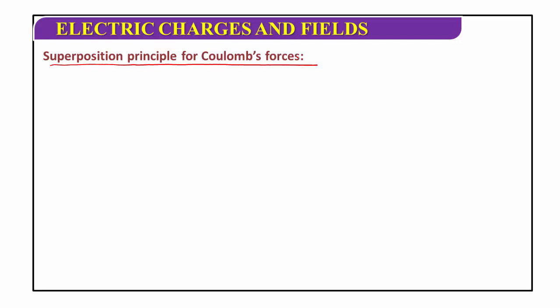Unaffected by the presence of other charges. Here is the principle of superposition for Coulomb's law. It has a statement: the principle of superposition for Coulomb forces states that when a number of charges are present, we consider different charges.